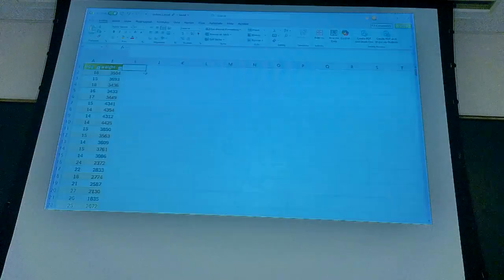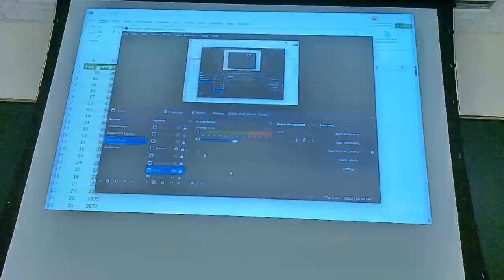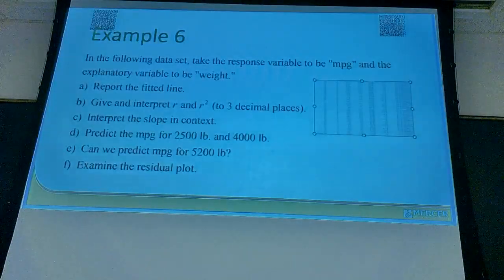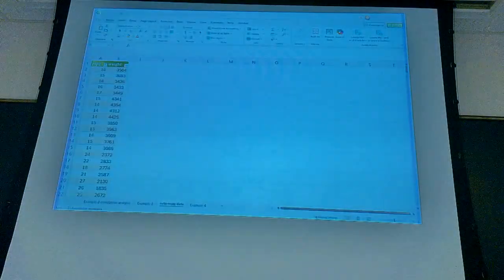We want, if I go back, okay, they tell what I was going to say. What do you think the explanatory variable would be versus the response? Okay, so the response variable is MPG. Explanatory is weight. That means I want weight to be the first column.